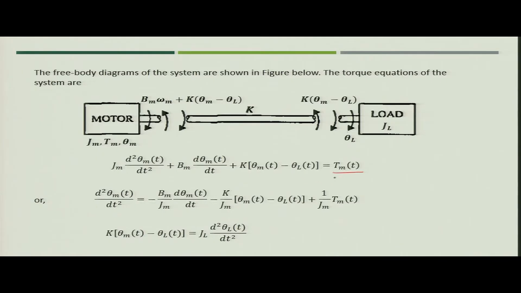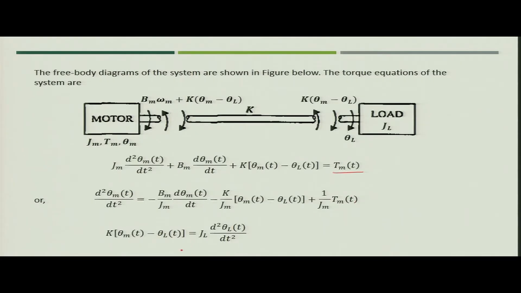Now, if you rearrange this equation by taking the highest order derivative on the left side, you can write d2 theta m by dt2 equals minus Bm by Jm d theta m by dt minus K by Jm (theta m minus theta L) plus 1 by Jm Tm.